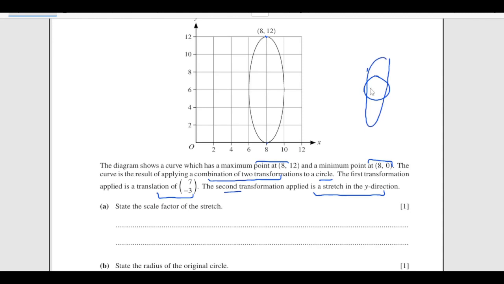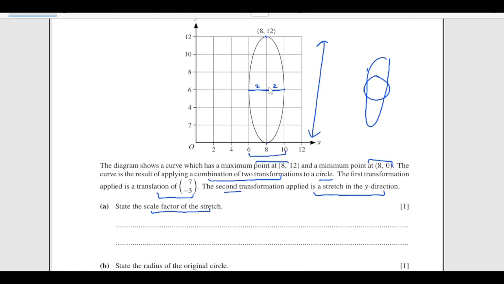So let's see what the question is. The question is to state the scale factor of the stretch. It is only stretched along the y axis, there is no stretch along the x axis. So if you see from here to here, this is the diameter of the circle, from 6 to 10, so 4 is the diameter. So if 4 is the diameter, this is 2 and 2, the radius.